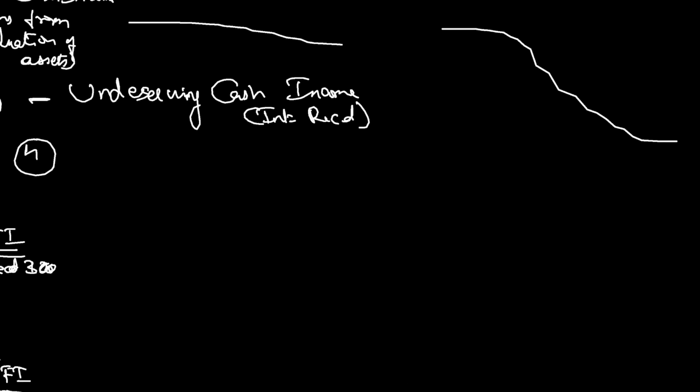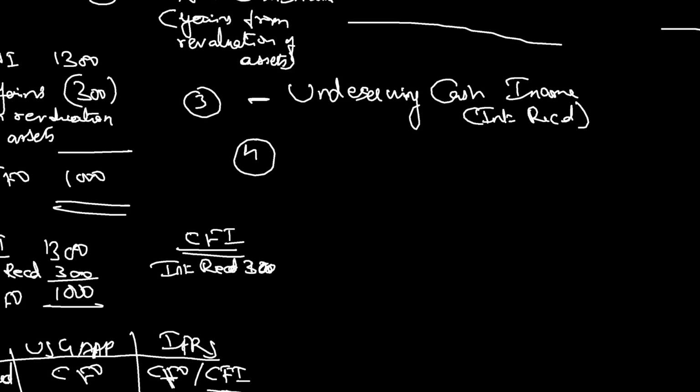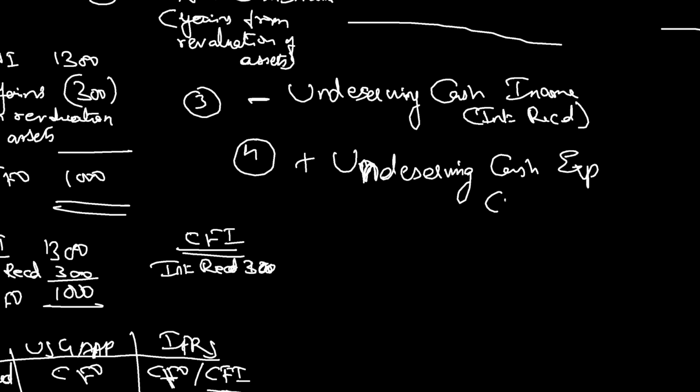So how do I convert this now into the format? Undeserving cash income I mentioned. Here I will add back undeserving cash expenses. Example, interest paid.